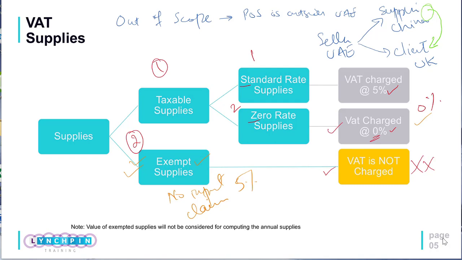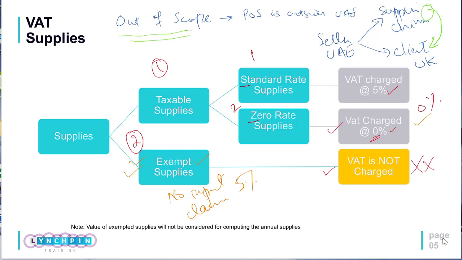Now you may be wondering, if it is an out of scope supply, can I claim my input VAT here? Yes, you can claim the input VAT on such out of scope supplies, as long as you would be able to claim input VAT if you made the same supply in UAE. So it's pretty simple. If it was a taxable supply in UAE and you are now supplying it in a manner in which it becomes an out of scope supply, you can still claim your input VAT.